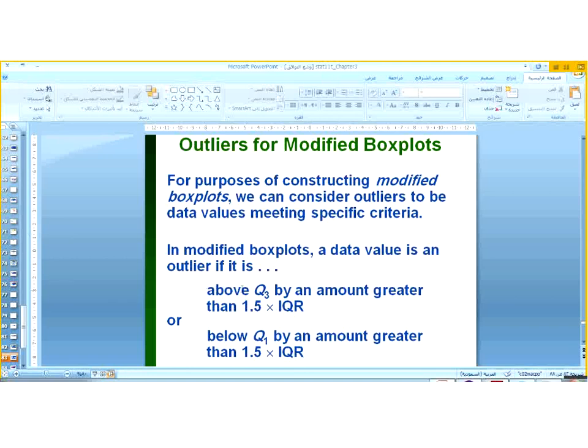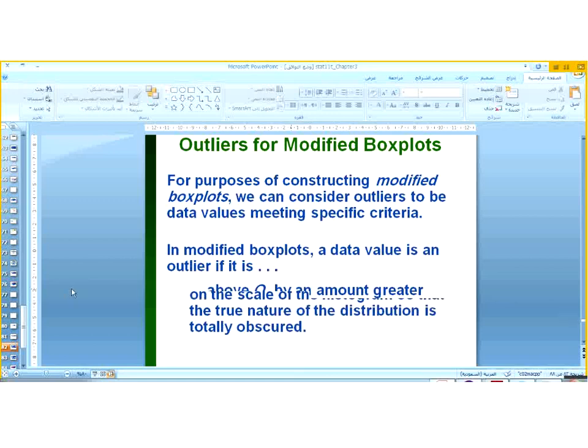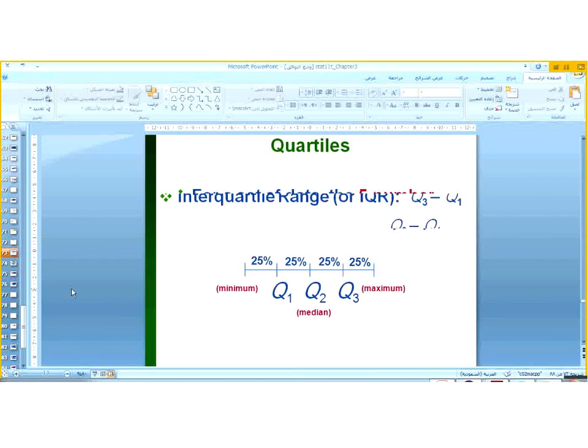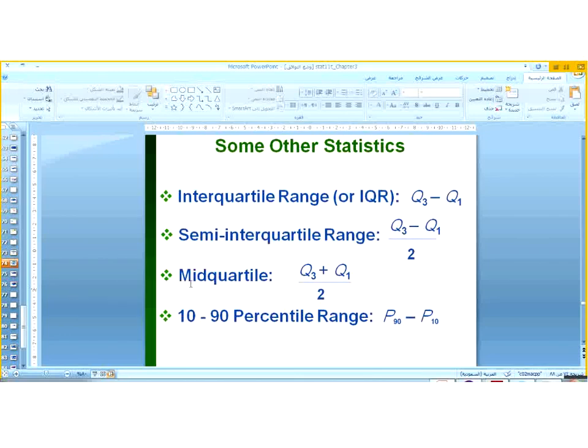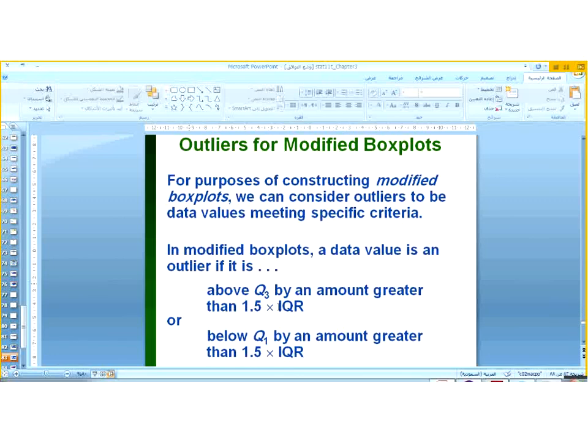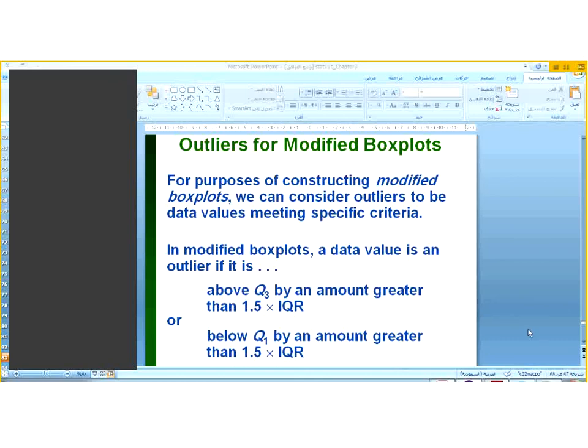In a modified box plot, a data value is an outlier if it is above Q3 by an amount greater than 1.5 multiplied by IQR. احنا حسبنا من شوية ال IQR اللي هي تساوي Q3 minus Q1. أحسبها، بعدين القيمة بضربها في 1.5. إذا القيمة أكبر من Q3 بالمقدار هذا فأنا بعتبرها outlier. أما إذا هي أقل من Q1 بالمقدار هذا برضو أعتبرها outlier.